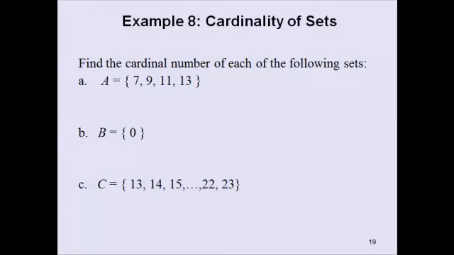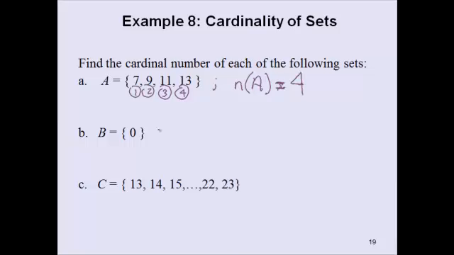Example number 8. Please find the cardinal number of each of the following sets. The cardinal number here, n of A, would be the correct way of writing this, is going to be equal to, well, there's 1 element, 2 elements, 3 elements, 4 elements that are not repeated. So it's 4.